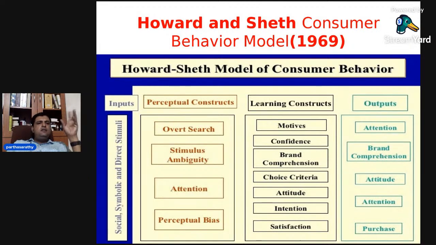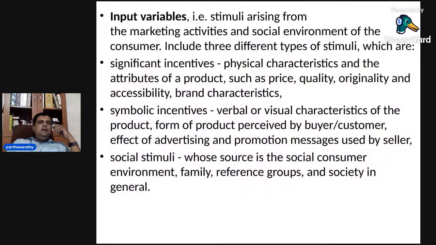Perception is not the same for two individuals. Next one is learning construct, the learning that happens, and the output. We'll see this model in detail. So this is about the Howard Sheth model.